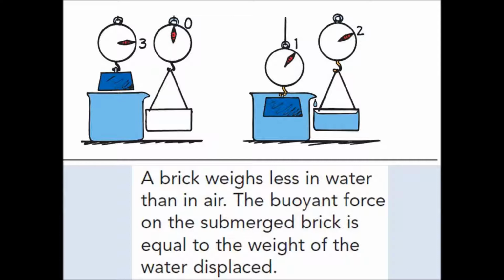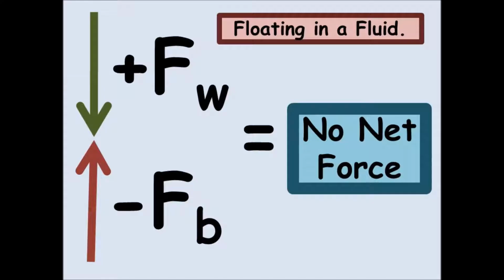So the brick was 3 units of weight. The water it displaces is 2 units of weight. So what's left? Well, what's left is what we call an apparent weight. What's the apparent weight of the brick in water? Well, it's 1. It's not equal. The fluid displaced is not equal because the brick would sink to the bottom. But you subtract the buoyant force from the weight.